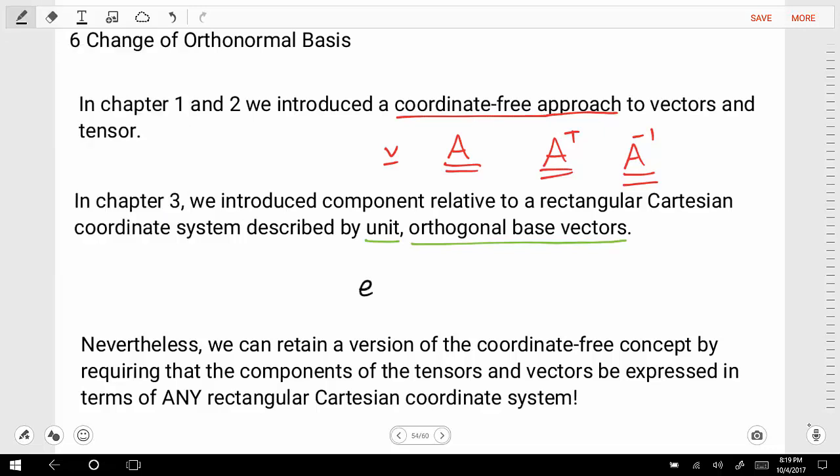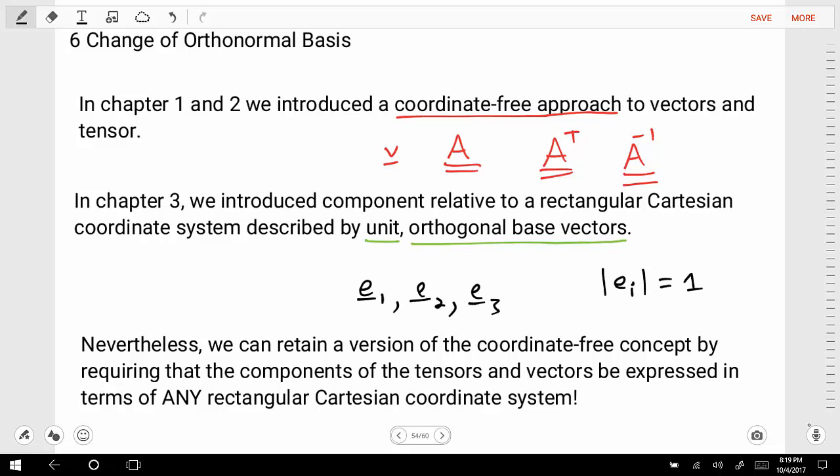And so those are the base vectors E1, E2, and E3, where the magnitude of each of them is equal to 1. So they are basically unitless, right? They have no magnitude. They indicate direction.